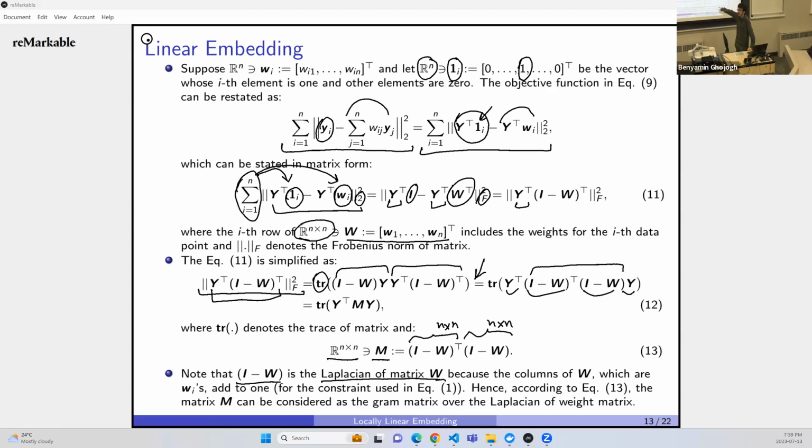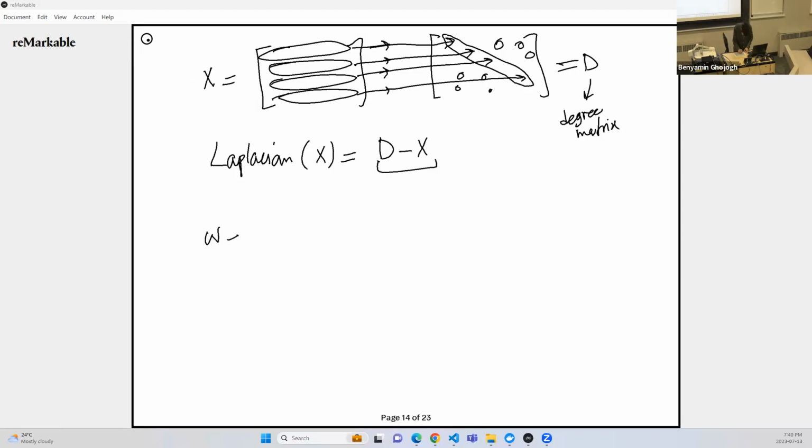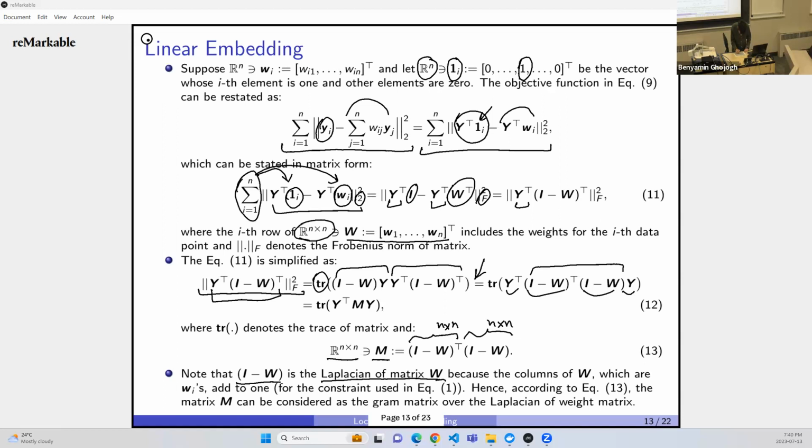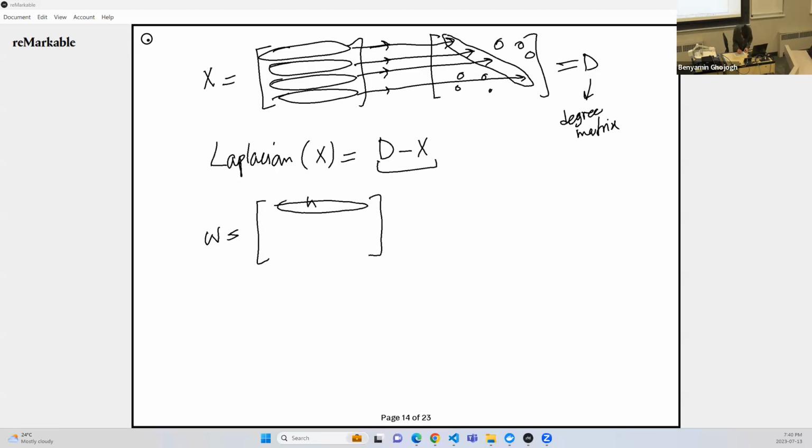Now, interestingly, what we found, what is this? I minus W. It's a Laplacian of matrix W. Why? Let's see. So W is some matrix, right? What are its rows? As you see, its rows, its transpose, right? Its rows as W1 to Wn. So what do I mean? Here, this is W1. Here, this is W2 until Wn, right?